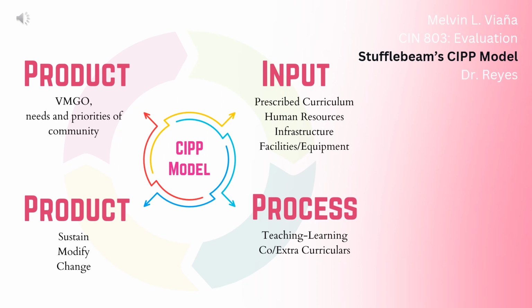Process by looking at the teaching-learning process itself and its attendant processes. And lastly, product by evaluating whether the VMGO were met and by reflecting on whether the program should be sustained, modified, or changed. As we saw in these examples, these evaluations may be done qualitatively, quantitatively, or using mixed methods.